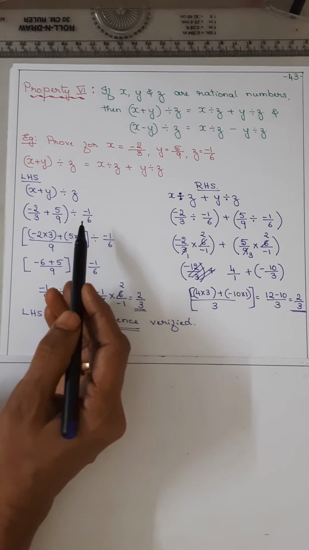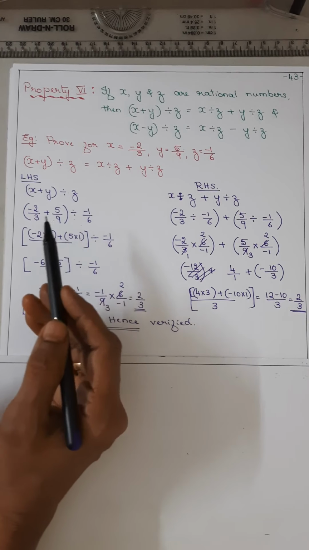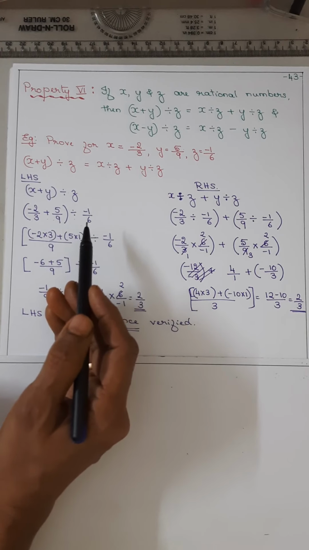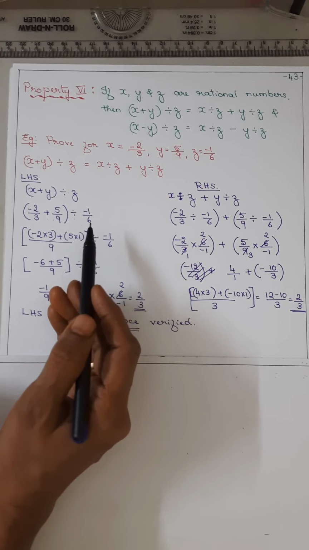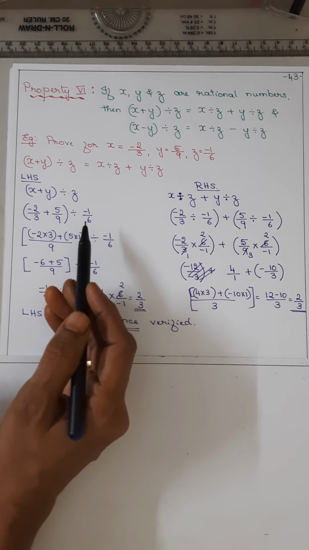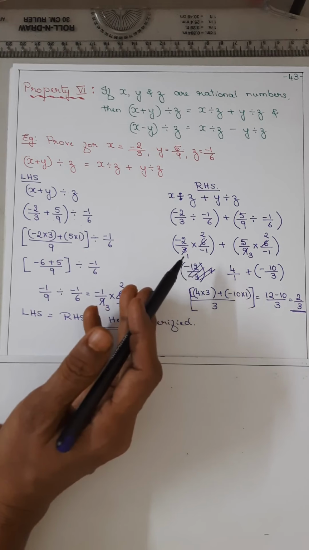Please remember this. In some few sums, it is the multiplication, division, addition, subtraction. They will be together. So remember where to use the LCM for subtraction and the addition. For multiplication and division sums, it is cancellation.